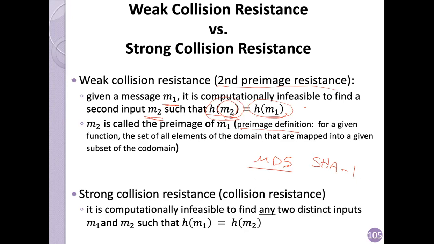Okay, this is the second property we call second pre-image resistance, and the third property, sometimes called strong collision resistance, says that it should be computationally infeasible to find any two distinct inputs that generate the same hash value. So here, the attacker is kind of allowed. The attacker just knows the name of the algorithm, the hash function MD5.